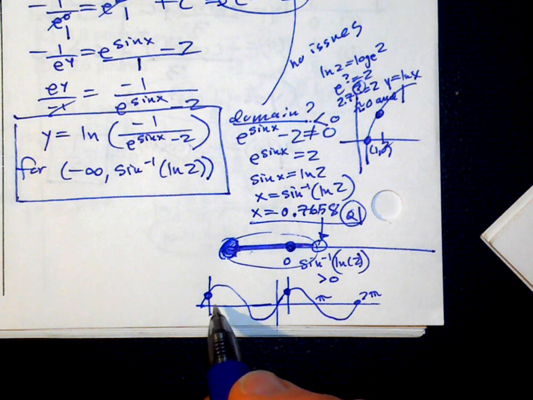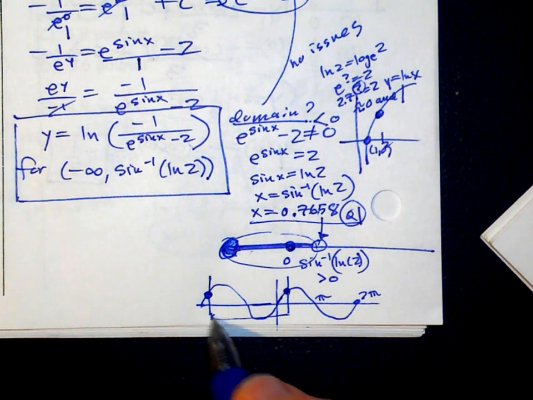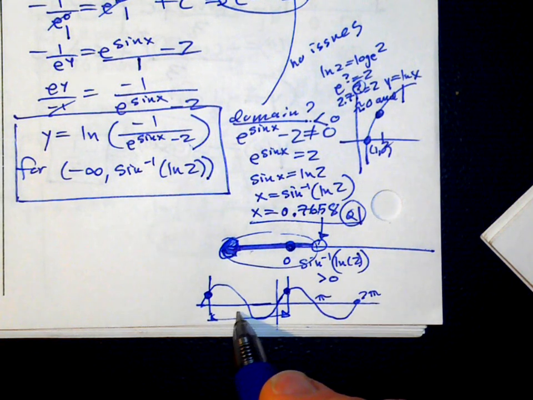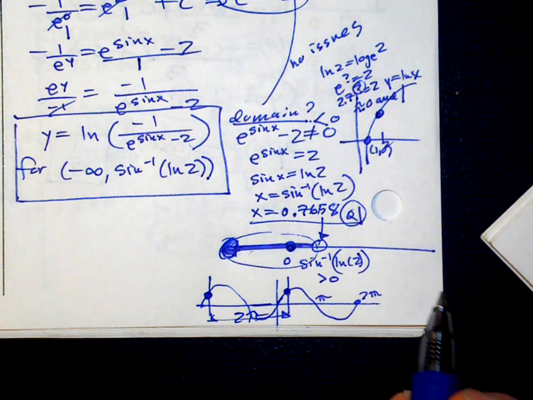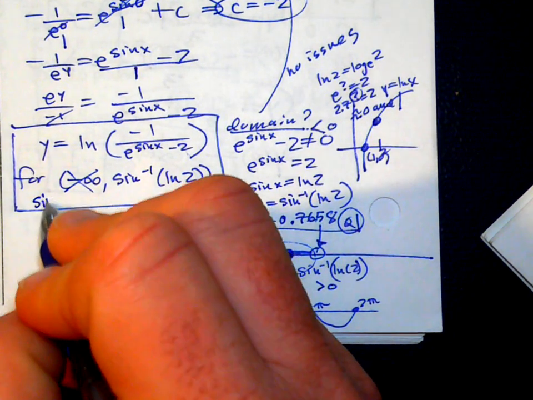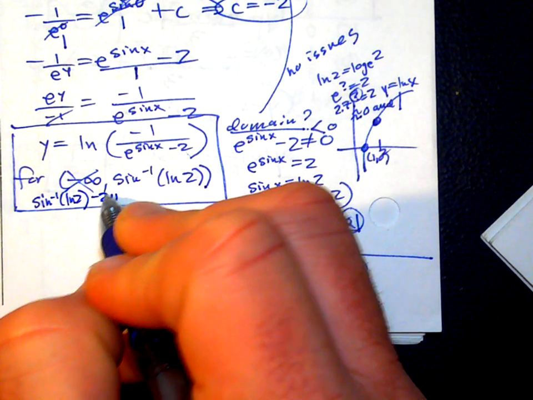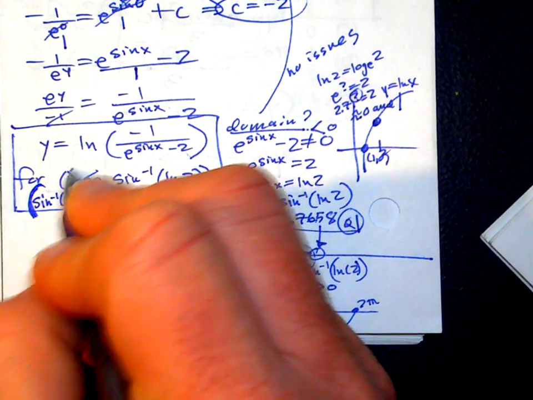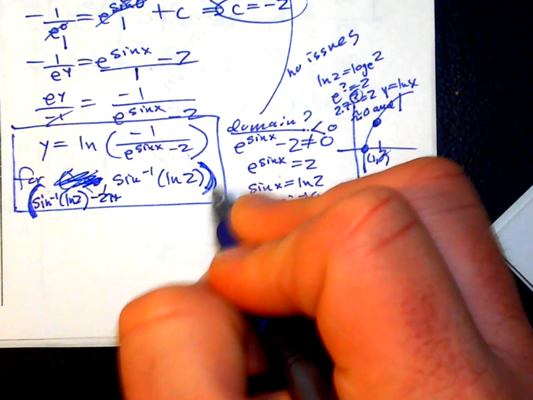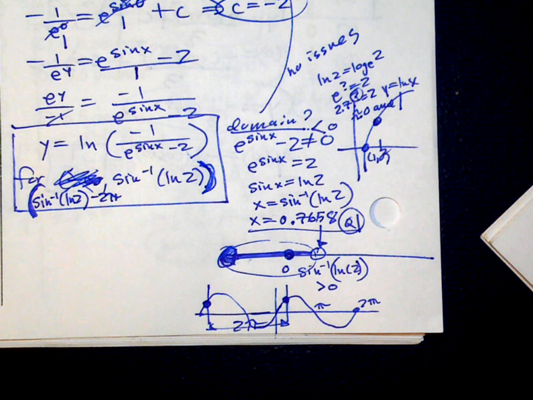And what would that value be? Well, it'd be this value. What's the distance right there? What's the period of sine? 2 pi. So I think we need to say inverse sine of natural log of 2 minus 2 pi would be the other edge of the domain. Yeah.